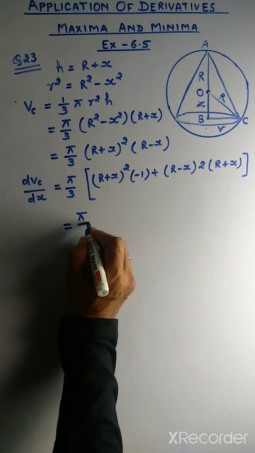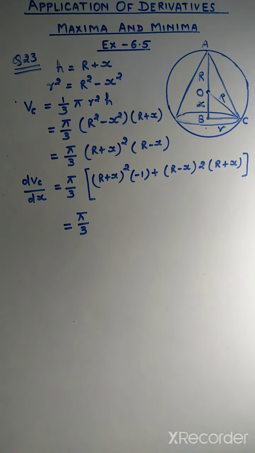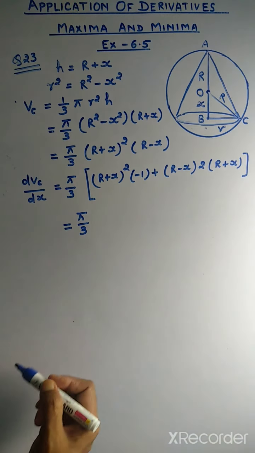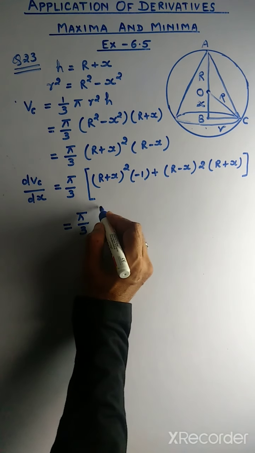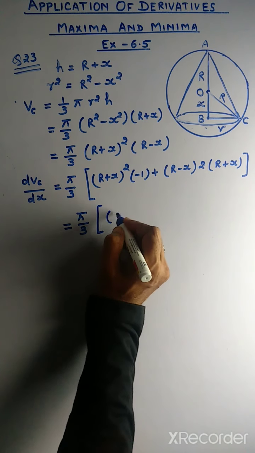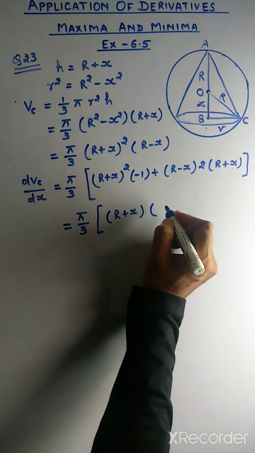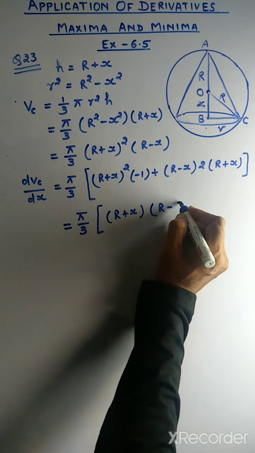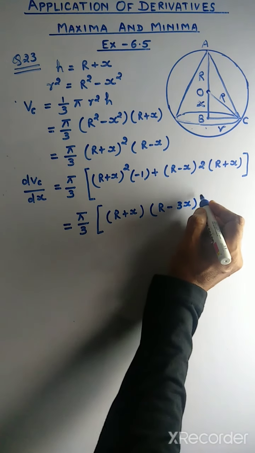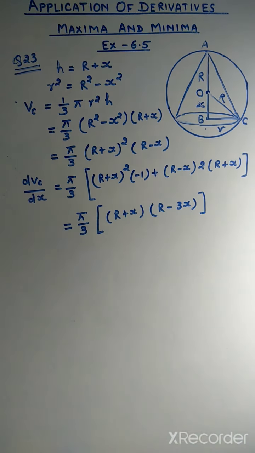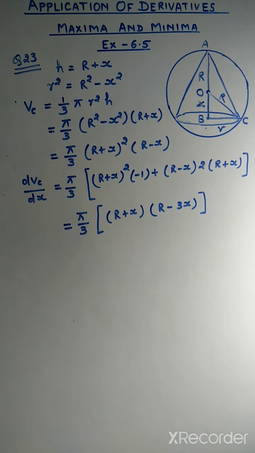If we solve inside the bracket taking R plus x common, after simplifying we will get R plus x into R minus 3x.